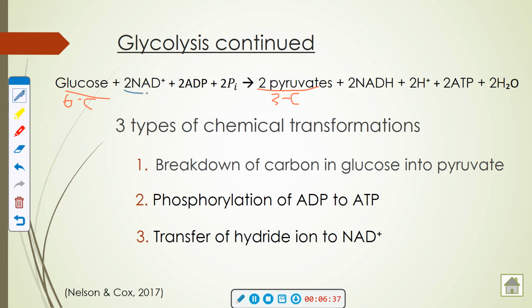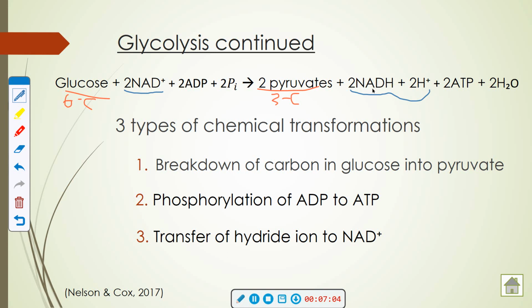Number 2, NAD, you have 2 of them. And what happens is the NAD bonds and reacts with electrons. It encounters electrons, and it causes this split. You get this result of 1 hydrogen bonding to the NAD, and you end up getting 2 molecules out of that, plus 2 hydrogens that have separated.